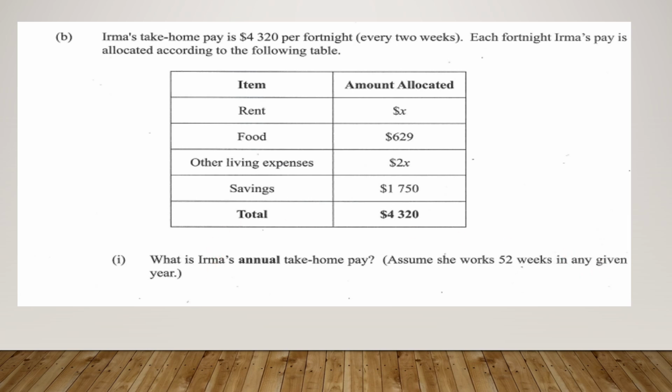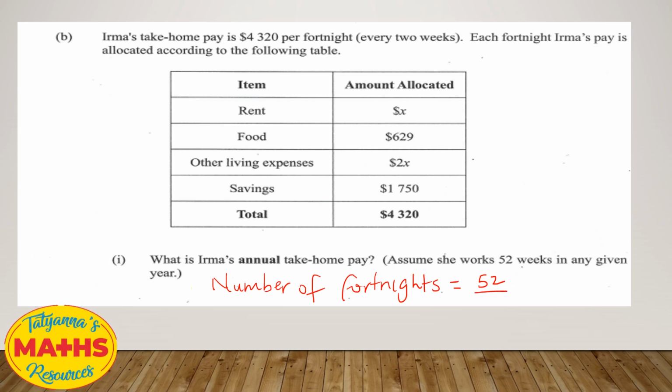Okay, so now we have to find out number of fortnights. That will be equals to 52 divided by 2. That is going to give us 26 fortnights.